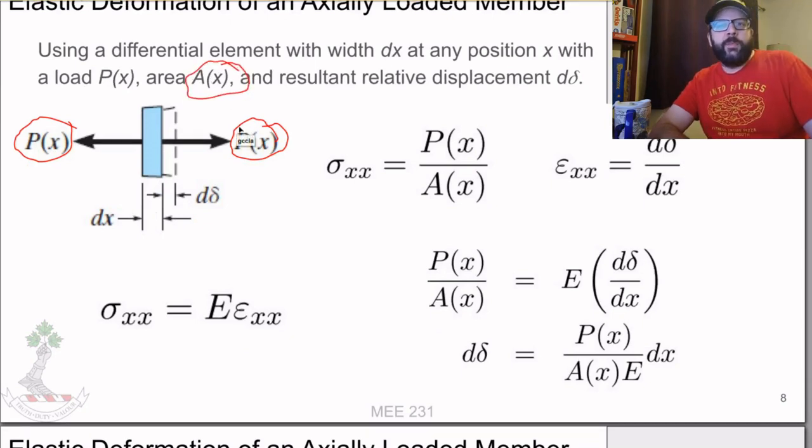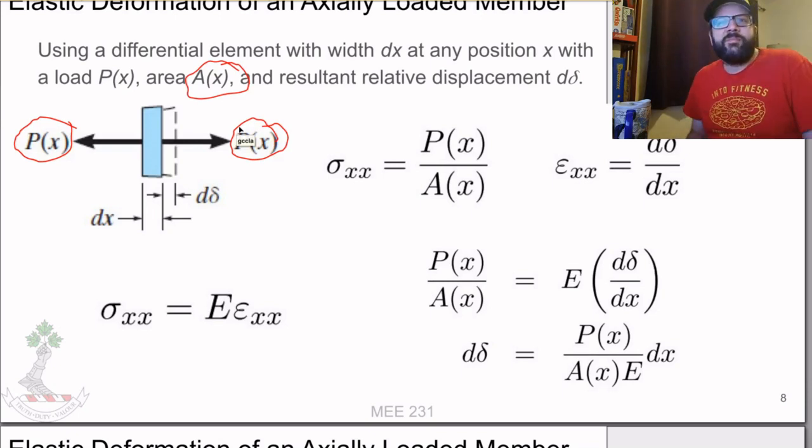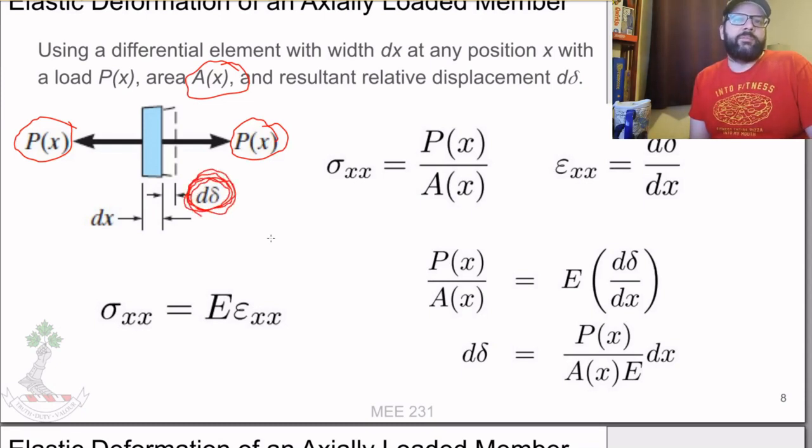And again, it could be as simple as a cone of some sort, or what have you. And that's going to cause this tiny little slice to increase its length another tiny little bit.